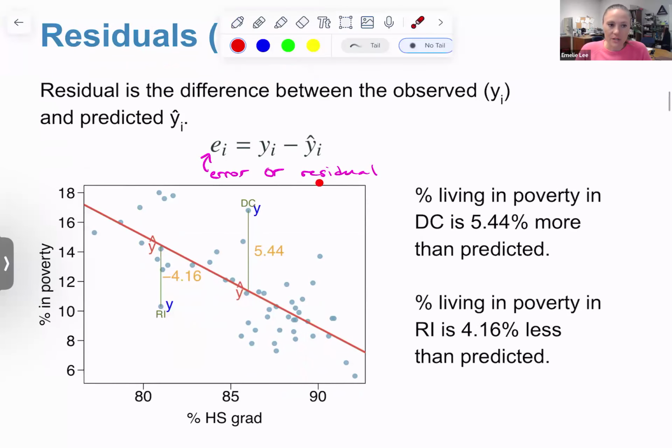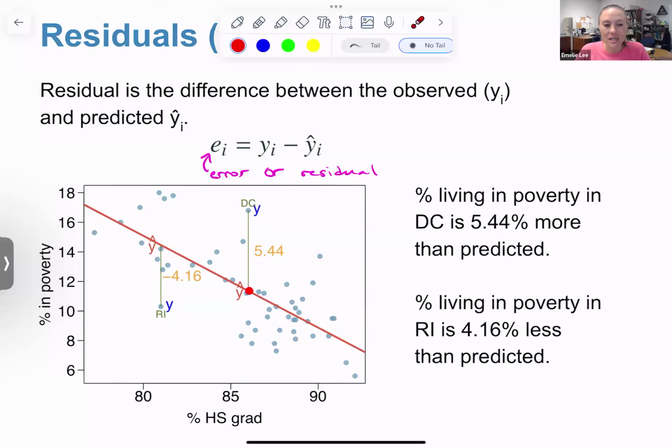We call it a residual just because it emphasizes what it is, right? It's the distance between the observed and the predicted value of y. So as an example, here, if we look at DC, we had this observed value of y, which looks like 17 point something, right?